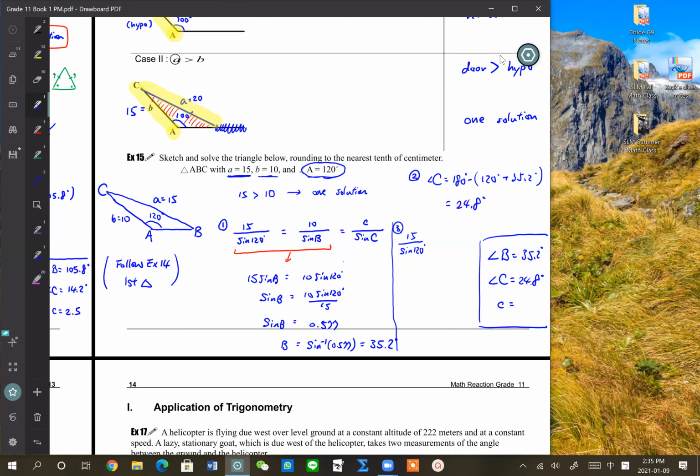If you use the B pair, there's a rounding, so your final answer will be off more than the other one. So c over sine 24.8. Please raise your hand if you finish the whole thing.